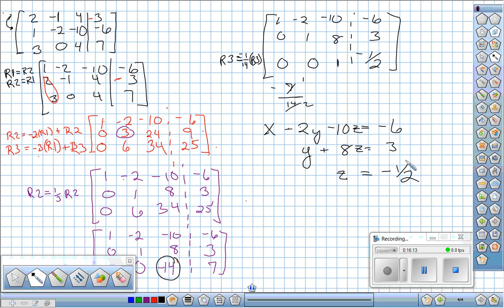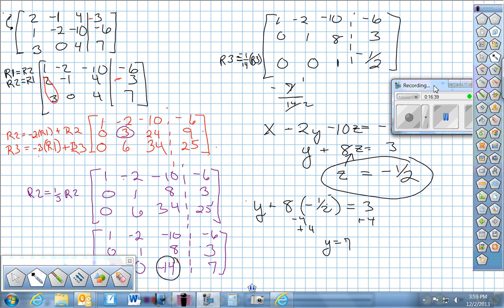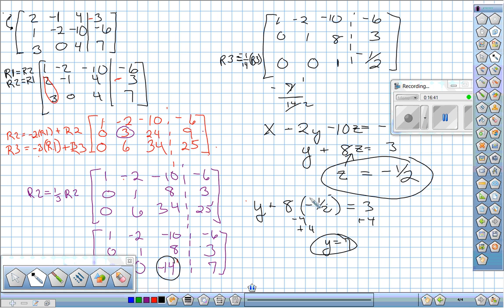Now this is the actual useful equation. I can plug this right back into here. Then I will have y plus 8 times -1/2 equals 3. 8 times -1/2 is -4, so I can add 4 to both sides, and y equals 7. Now I can plug both of these back into my top equation.